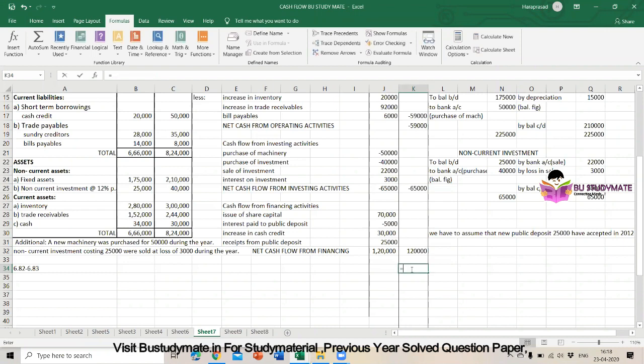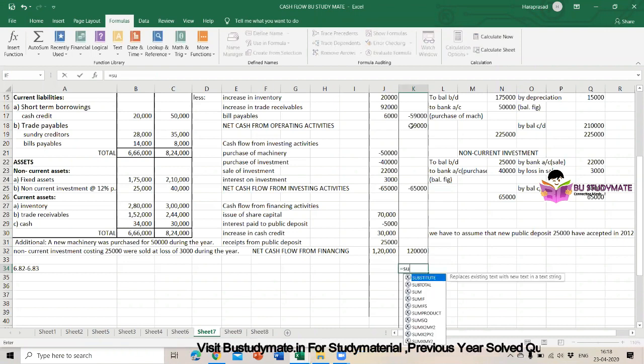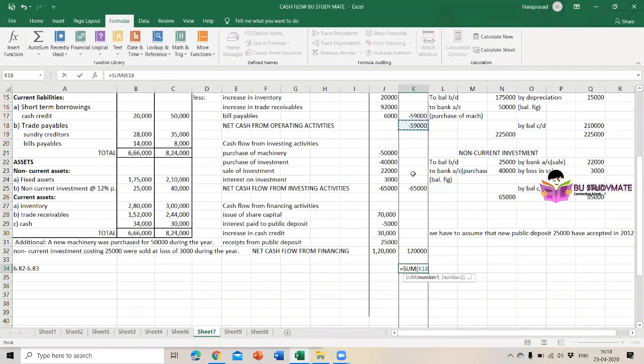First we will calculate: minus 59,000, minus 65,000 and 1,20,000. So we are getting negative 4,000 rupees. So it is decreasing.